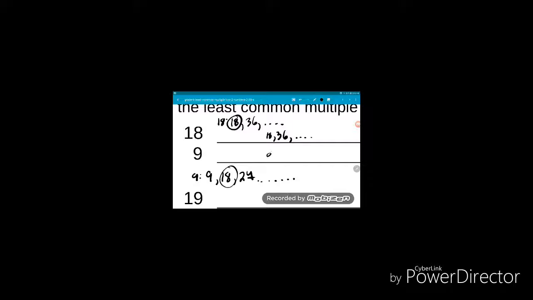For 9 we have 9, 18, 27. But the least common multiple is 18. Now these two are easy, because you just multiply by 1 and then 2 and then 3 and then 4. For that one, very straightforward. You don't really have to do much.